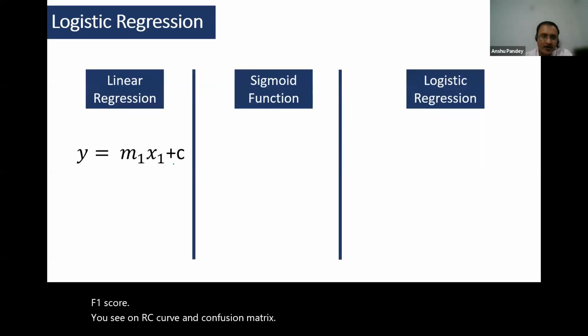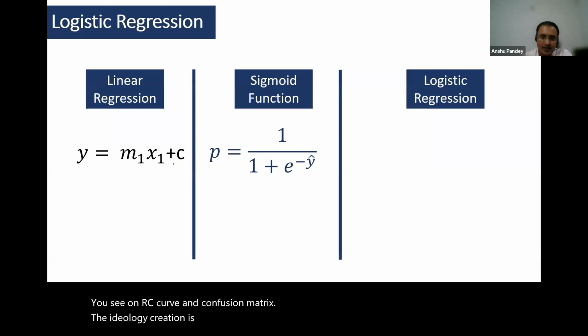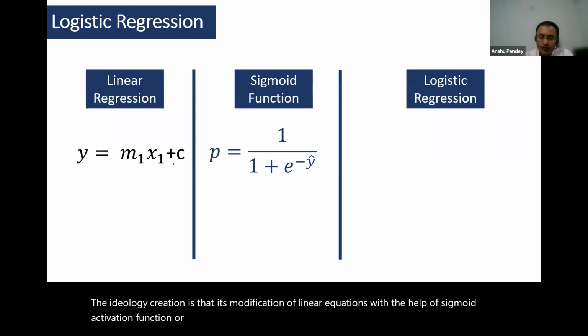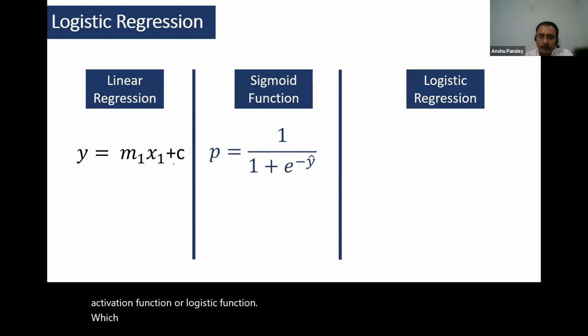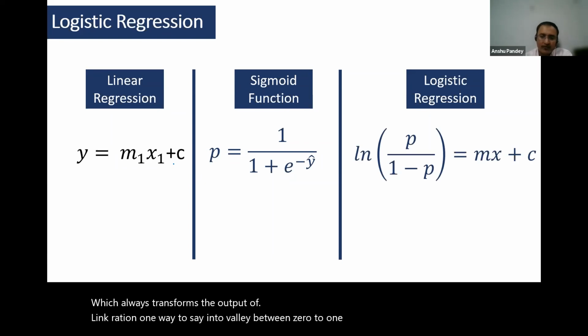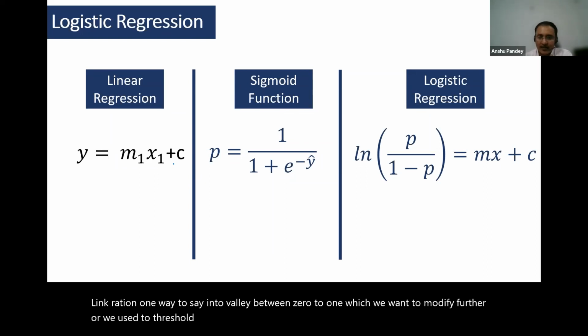The idea of logistic regression is that it's a modification of linear regression with the help of the sigmoid activation function, or logistic function, which transforms the output of linear regression into a value between 0 and 1, which we can modify further, or threshold and classify into class 1 or 0.